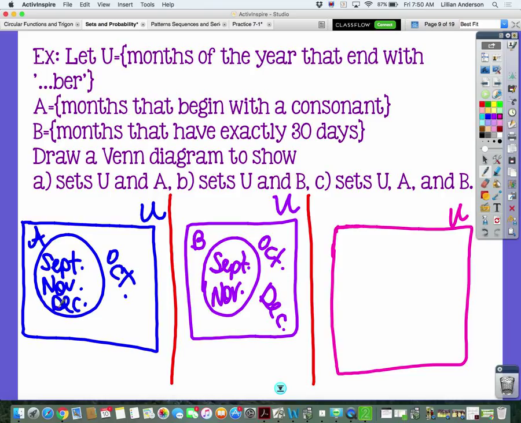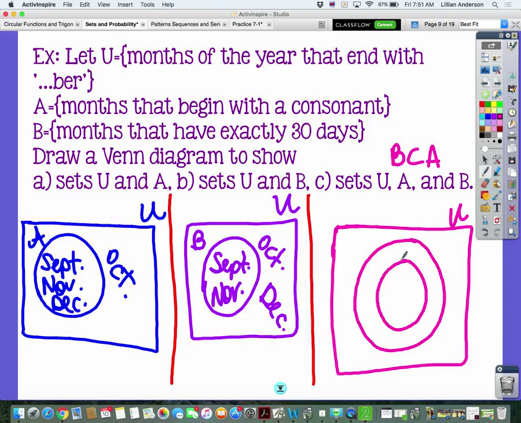Yes, they do. Both September and November are part of set A, which means that B is a proper subset of A, because all the elements in B lie in A, but not all the elements in A lie in B. If that's the case, then what we're actually going to draw is a circle that's within another circle.